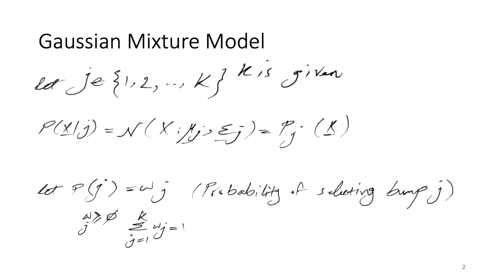All right. And we talked about the point that all the wj's are positive. And also the summation of all wj's must be 1. Because we normalize it in a way that the joint probability becomes 1, because you want to have your integral of p(x) dx equal to 1.